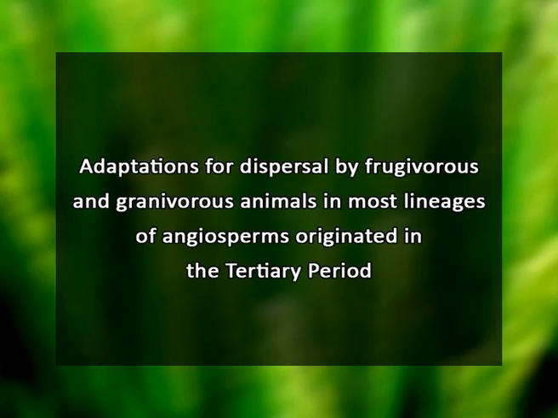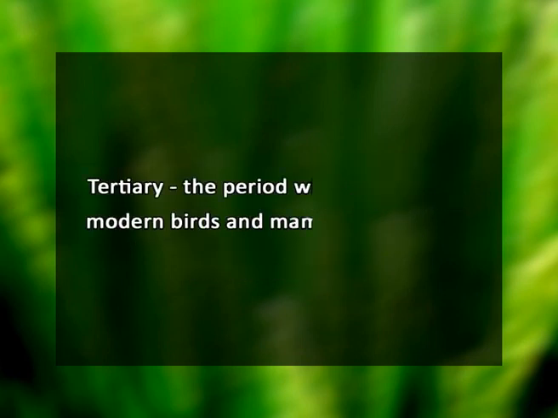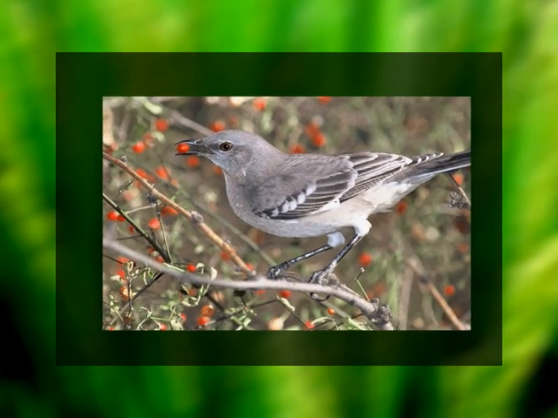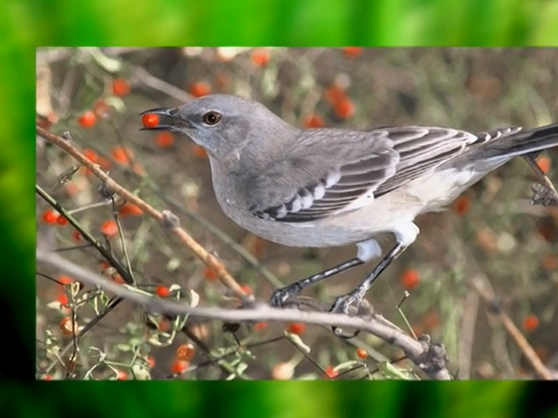Adaptations for dispersal by frugivorous or granivorous animals in most lineages of angiosperms originated in the Tertiary period. The Tertiary is the same period when the radiations of modern birds and mammals occurred. Consequently, the evolution of large, bright-colored fruits and seeds in the majority of the angiosperms was linked to the evolution of these animal groups, which helped in their fruit dispersal.